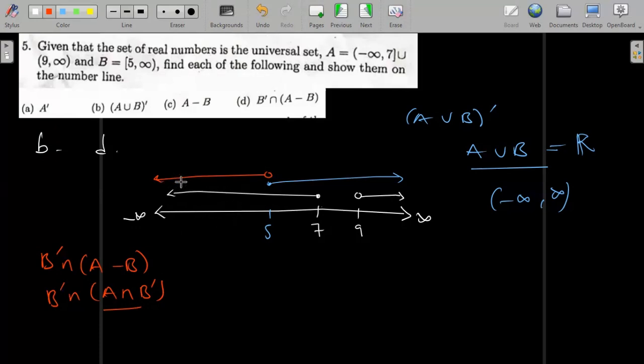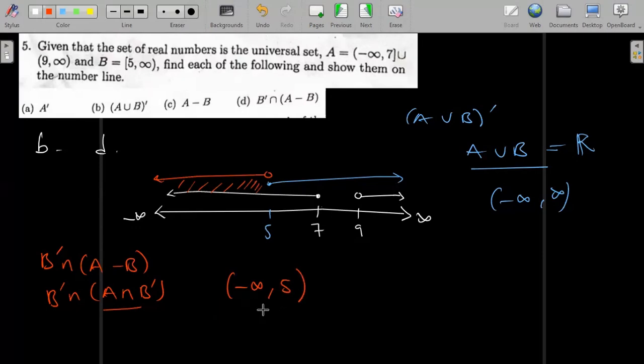Where it intersects, 5 is not part of that intersection of A. So it's going to be from negative infinity all the way up to 5.